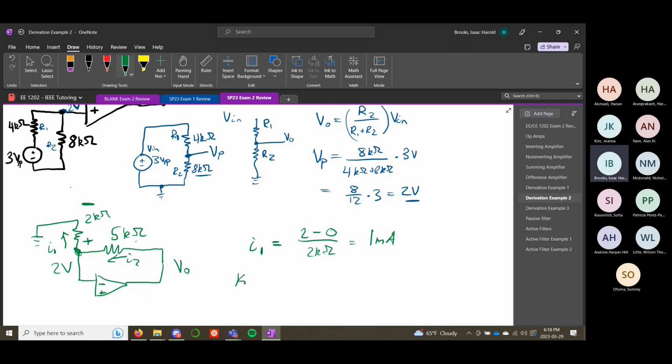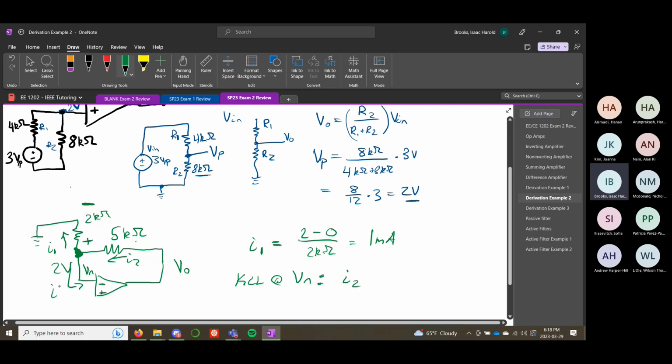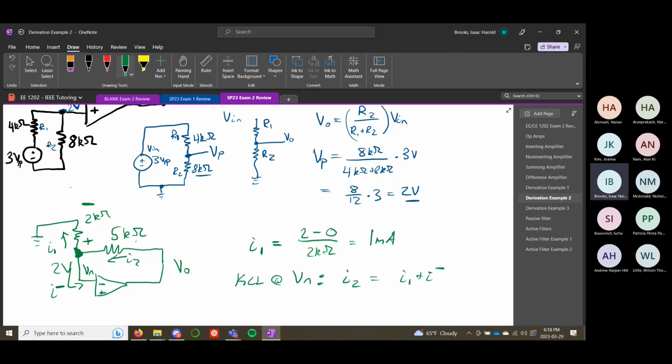And then if we look at KCL, this negative input voltage, we can call this Vn, right? We've defined it a little bit weird, but if we just do the currents going in, I2 is coming in, I1 and I minus are coming out.